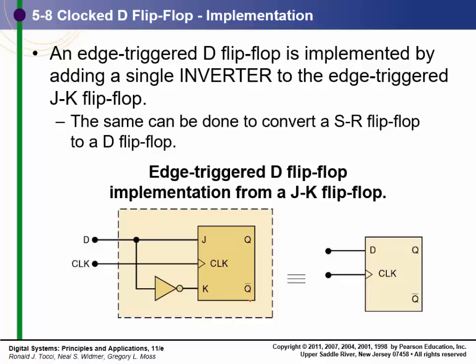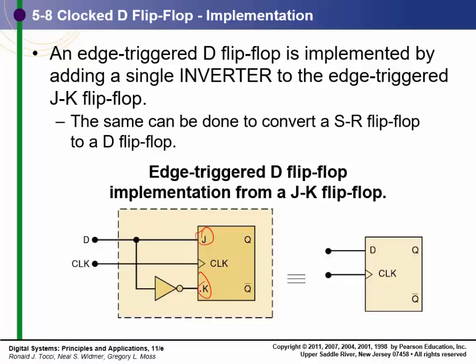Again, we have the negative trigger implemented by applying a single inverter, or the edge trigger D flip-flop. All we're doing is ensuring that these two are not equal to each other. So if D is 1, then J is high, and it's going to set the output. If D is 0, then K is 1 and J is 0.